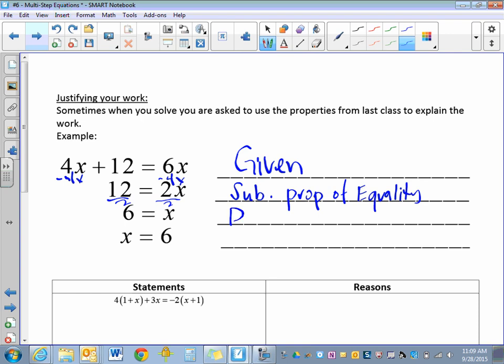So that's our division property of equality. And then here, 6 equals x, the same thing as x equals 6. That's our symmetric property. Right? So that's just combining what we've learned before with what we're doing this class. Any questions on that? It's just labeling what we've done.